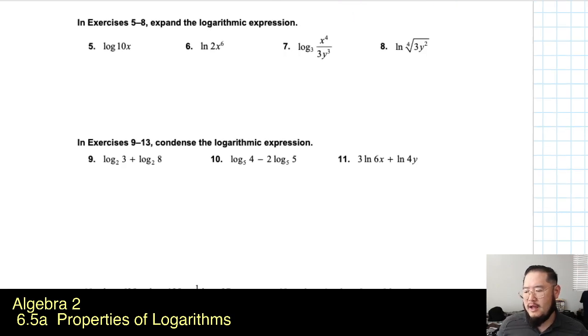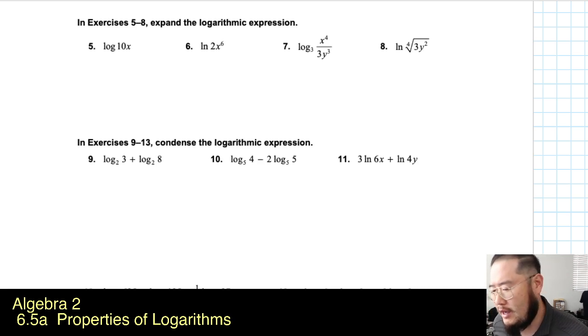Number 5. We're going to expand the logarithmic expression. So in a sense, before we condensed things together, and now we're going to expand, and we're going to have to use our properties of logarithms here. Well, right here we have log. Now, there's no base, so that automatically means it's base 10.